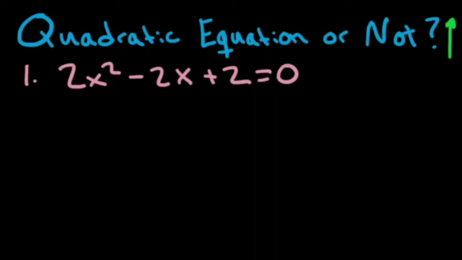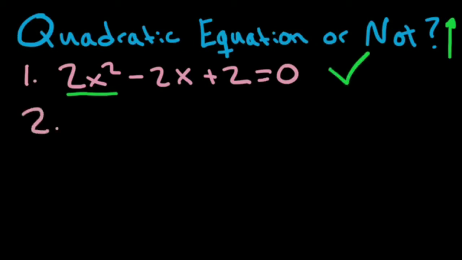If we take a look here, we have a term with the variable x raised to the second power, so that's good. And we also don't have any variable raised to a higher power than 2. So this one is a quadratic equation.